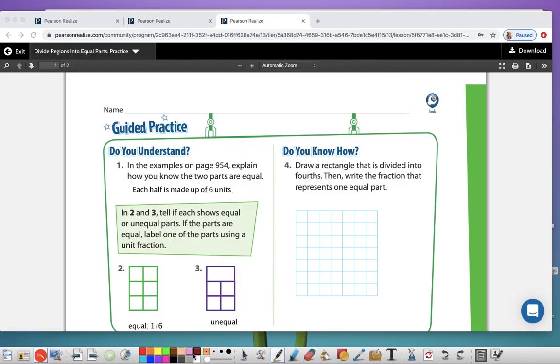So I'm going to make a rectangle, and I'm going to divide it into fourths, so they all have to be the same size. So let's start drawing.